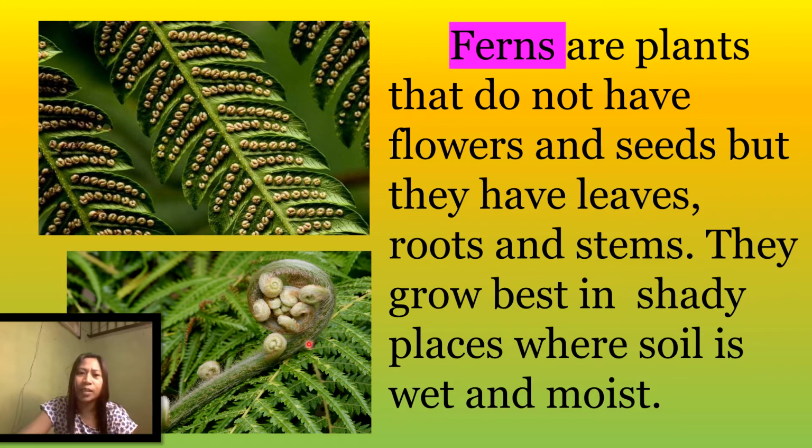So this is a new kind of fern, a new plant. This is already a new fern, bagong tubo na fern. Let us discuss how ferns reproduce their own kind. Kids, hold on to your modules so that you will be able to follow our lesson.